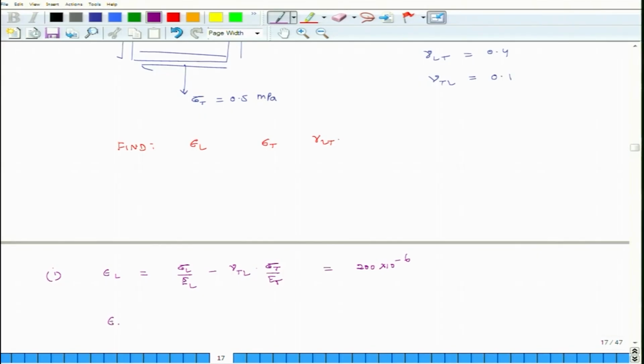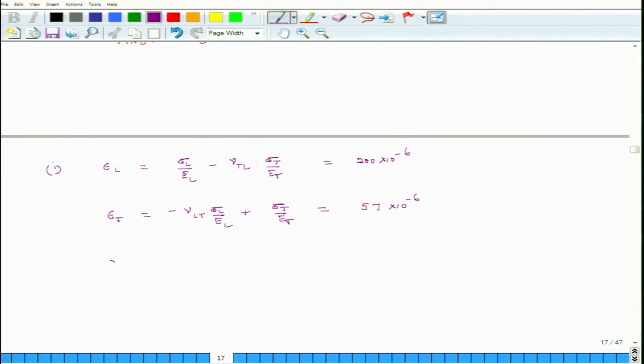Then we have epsilon T equals minus nu LT sigma L over EL plus sigma T over ET, and once I do all the calculations, I get this as 57 times 10 to the power of minus 6 microstrains, and finally the shear strain is tau LT over GLT, and that works out to be 833 microstrains.